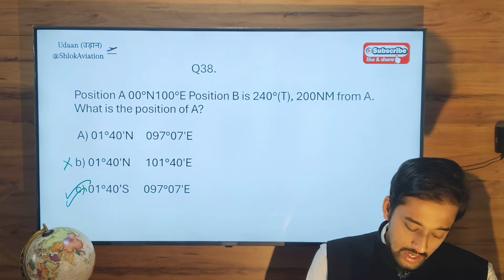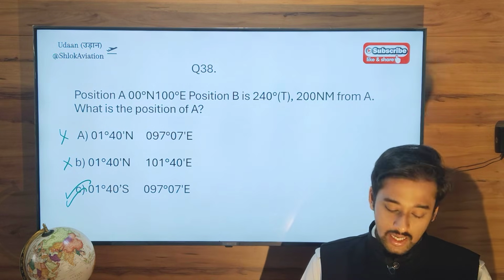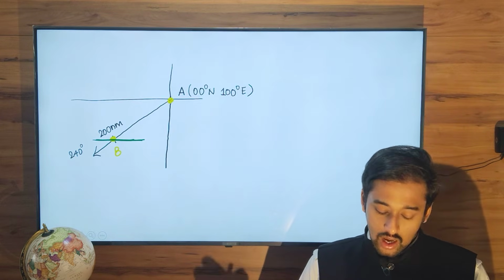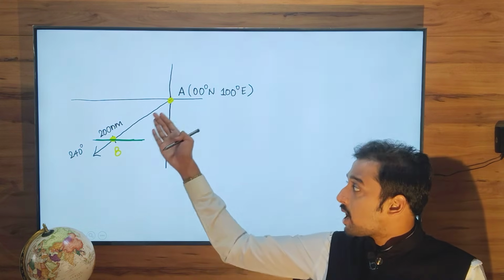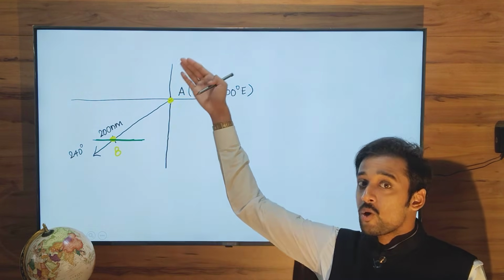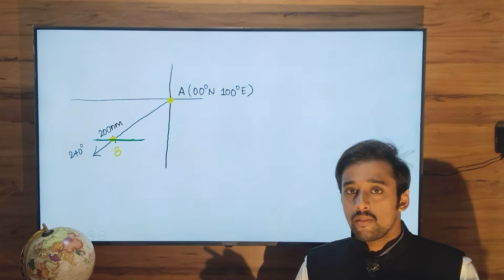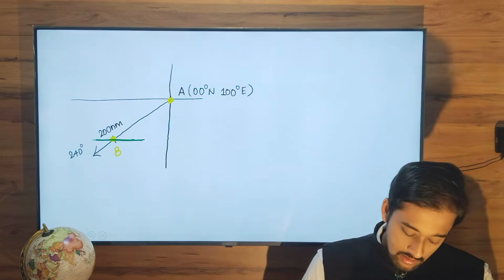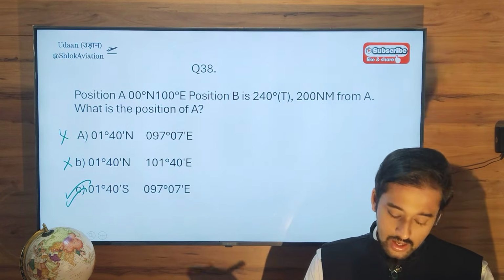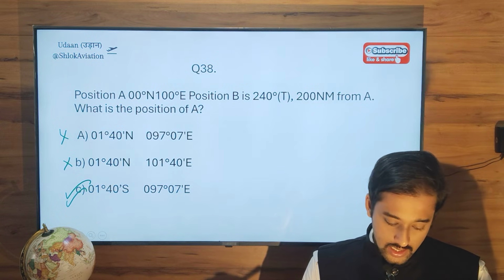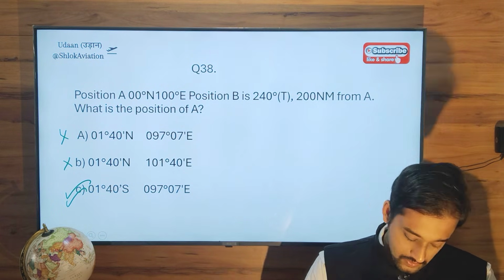Of those, we eliminate option A by checking the diagram and knowing that position B is to the south of A, not to the north of it. This is how you solve this sum. So the correct option is option C.